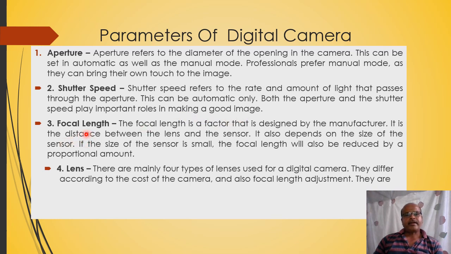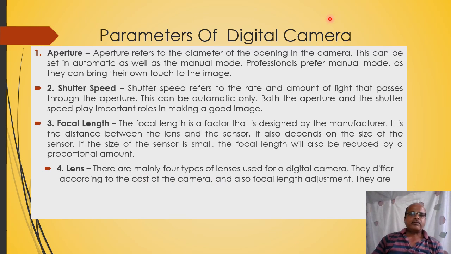Then focal length. Focal length is a factor that is designed by the manufacturer. It is the distance between the lens and the sensor. It also depends on the size of the sensor. If the size of the sensor is small, the focal length will also be reduced by a proportional amount. Lenses: there are mainly four types of lenses used for digital cameras. They differ according to the cost of the camera and also focal length adjustment.